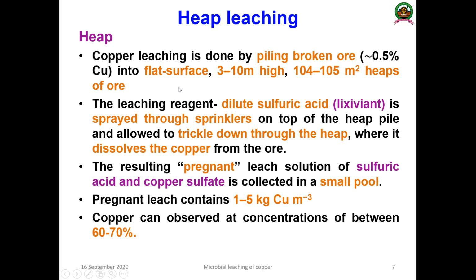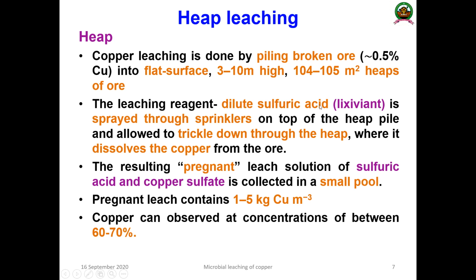The leaching reagent, especially dilute sulfuric acid, is known as the lixiviant. Yesterday we discussed the indirect bioleaching mechanism, and I forgot to mention that copper leaching can be done by both direct and indirect leaching. Here the indirect leaching is the most important method.